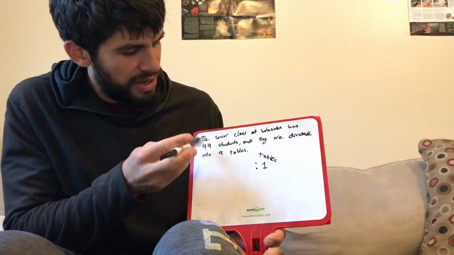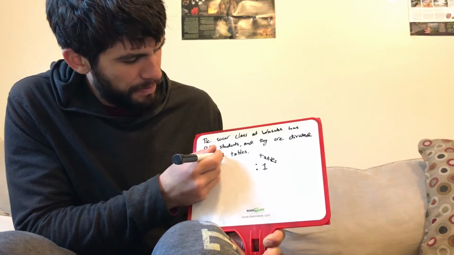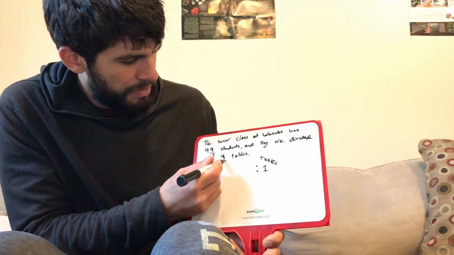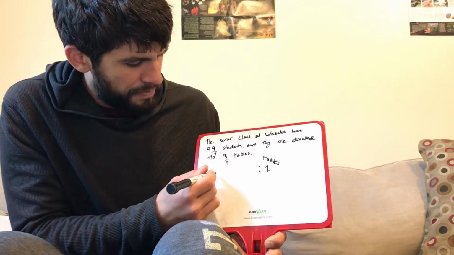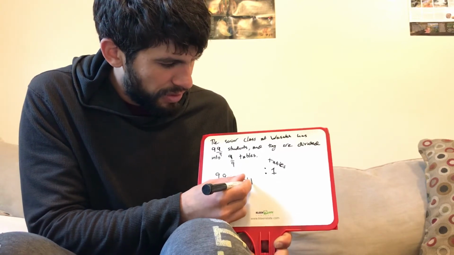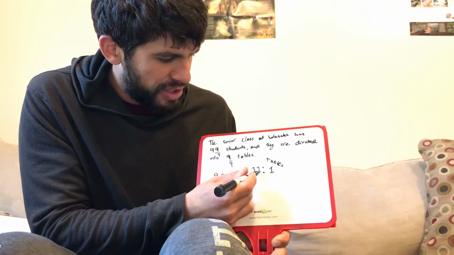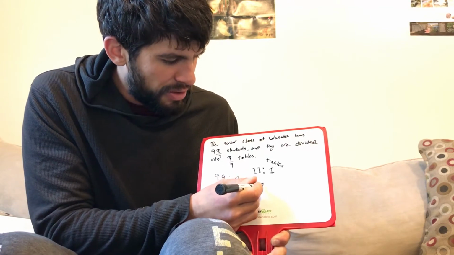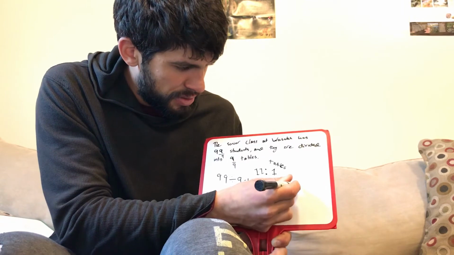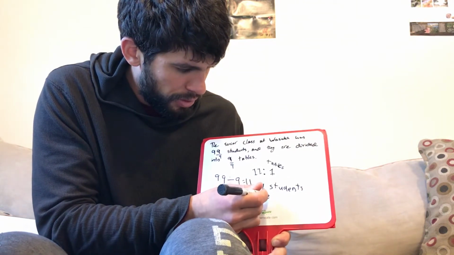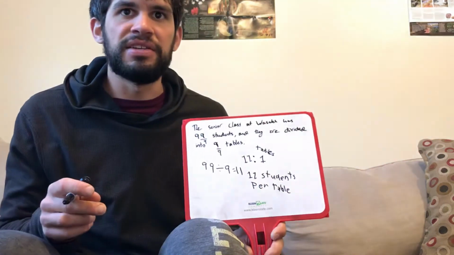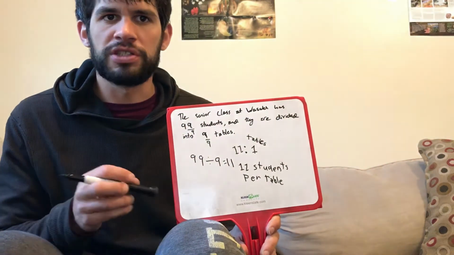To do that, once again, we just divide both sides by the second number. So we're going to take 99 and divide it by 9. Take 9 and divide it by 9. 99 divided by 9 is equal to 11. So that would mean our ratio is 11 to 1, and there are 11 students per table. And that is our unit rate for students per table.